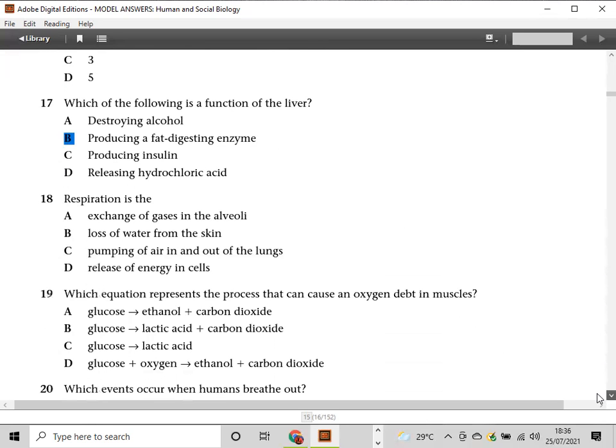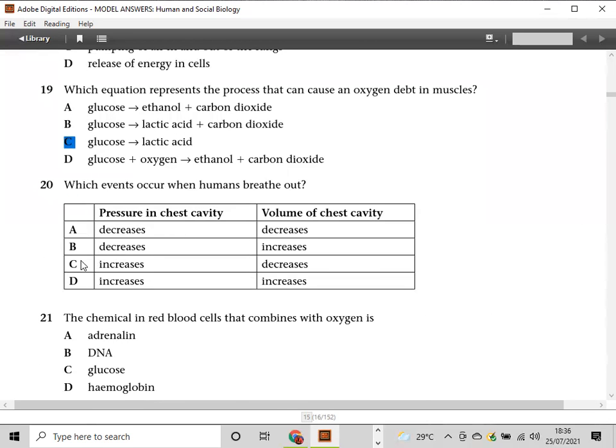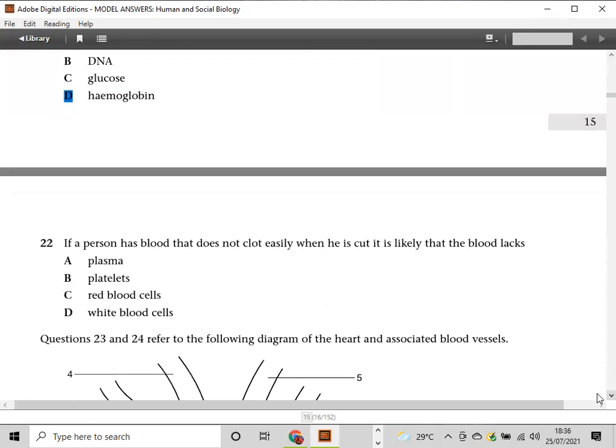Number 19 is C. And 20 is also C. Going to 21, 21 is D, hemoglobin. 22 is E, platelets.